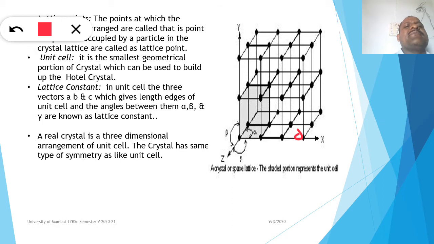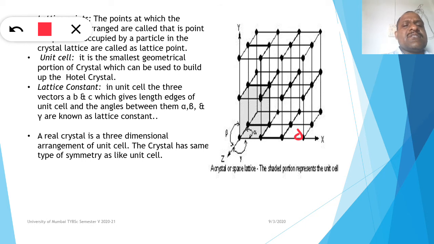At the same time, there are three different edge lengths, A, B, and C. These edge lengths and edge angles, alpha, beta, gamma, are all called lattice parameters or lattice constants.